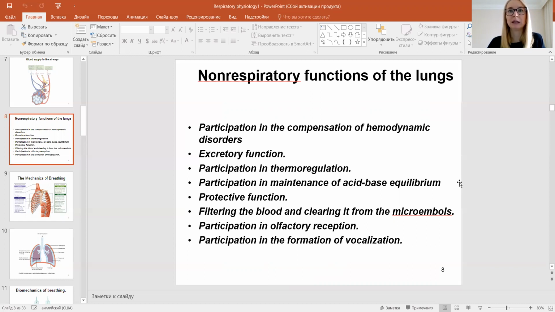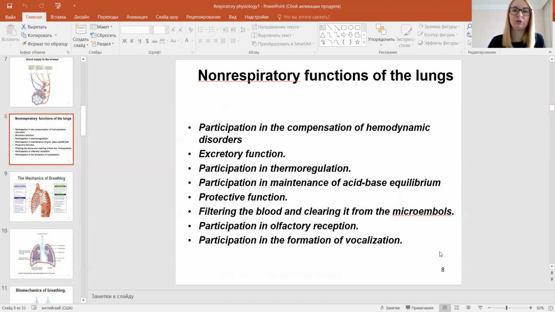Next one is metabolic function. The lungs are the place where many physiologically active substances are synthesized and metabolized. For instance, conversion of angiotensin 1 into angiotensin 2 occurs in the lungs, as well as biosynthesis of prostaglandins, leukotrienes, kinins, and other biologically active substances.